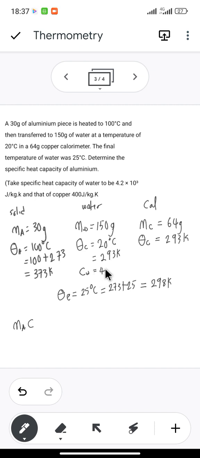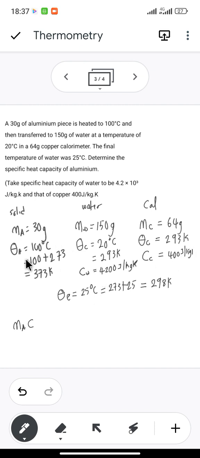This gives you 4,200 joule per kilogram Kelvin. They said take that of copper, the calorimeter. I told you the calorimeter is made of copper. So the specific heat capacity of the calorimeter is going to be 400 joule per kilogram Kelvin.